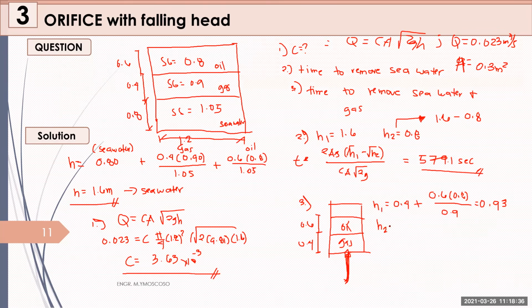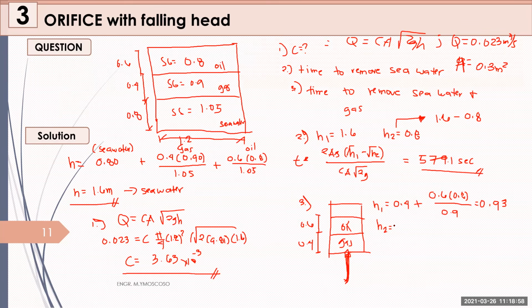How about yung H2 natin? Yung H2, hindi siya magiging 0.4. Okay, can you take note of that? Mali yung first na sinabi ko na yung H2 ninyo would be the original height of the liquid. That is wrong. That should be the difference between the converted height of the liquid minus the original height of the liquid.